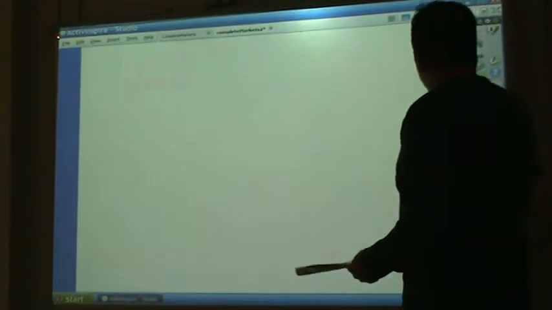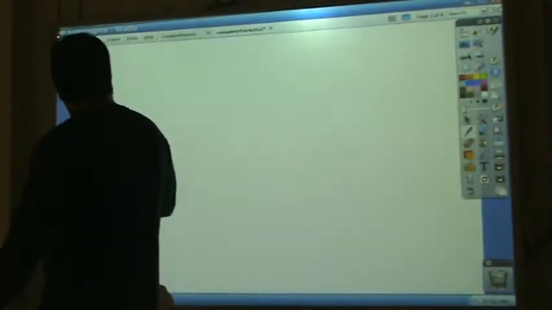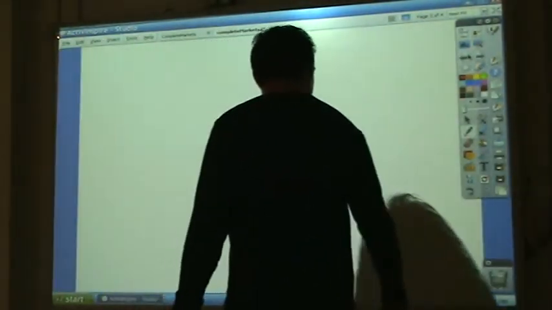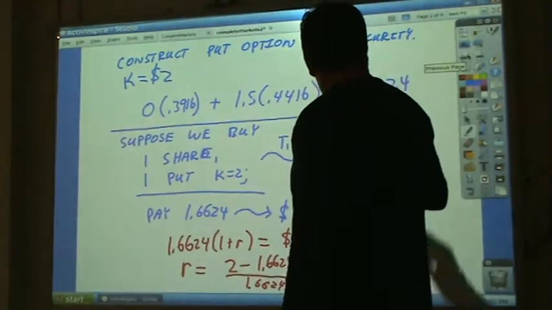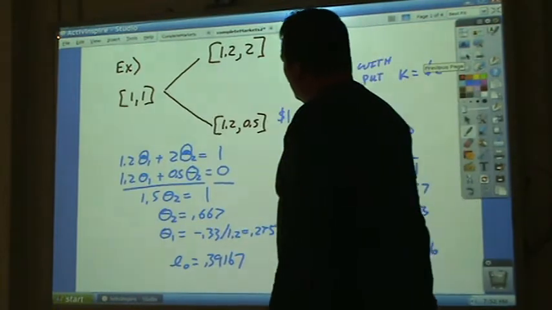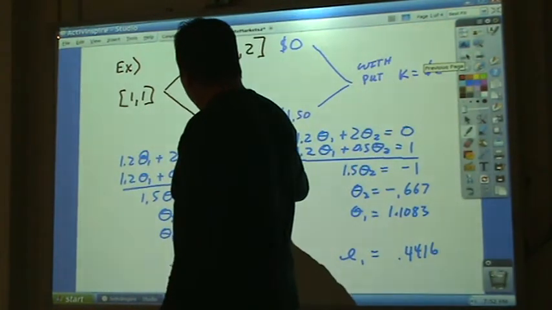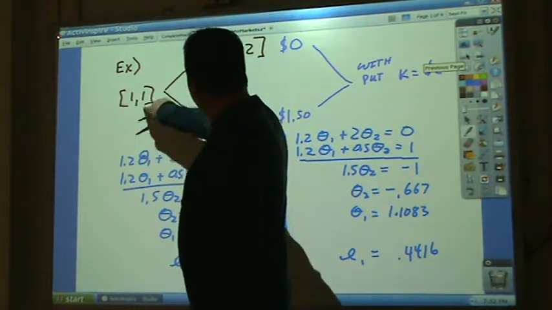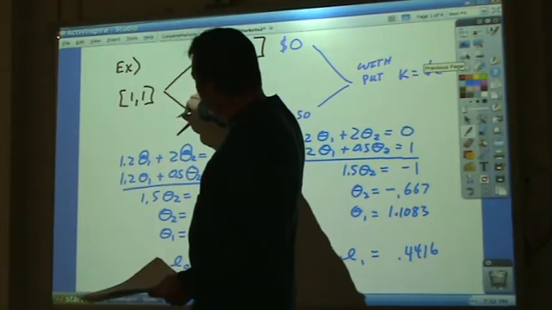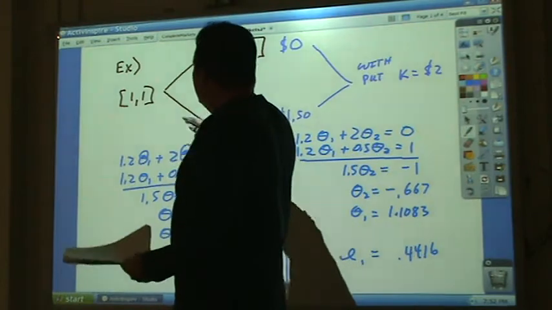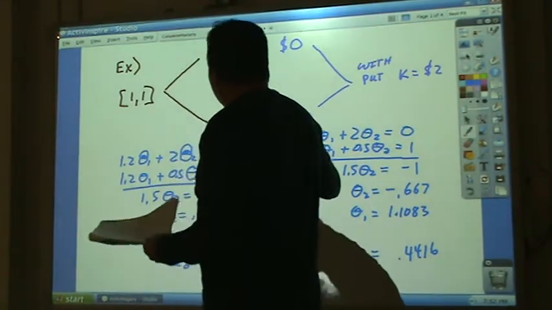What is the expected value of the stock? The stock could go to $2 or could go to 50 cents. To know the expected value, we'd have to know these probabilities, right? We weren't given them, now we can calculate them.